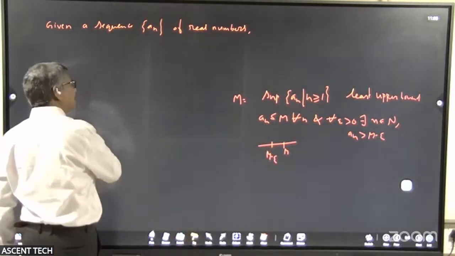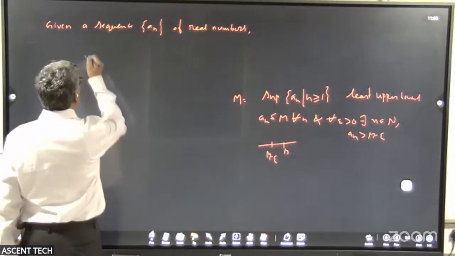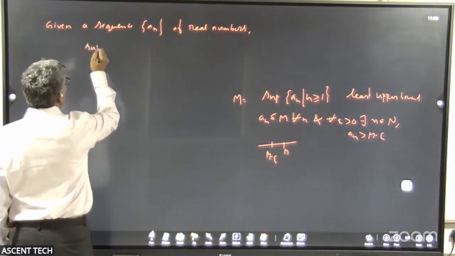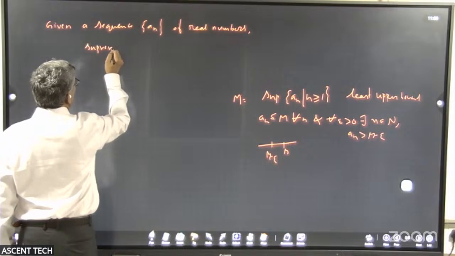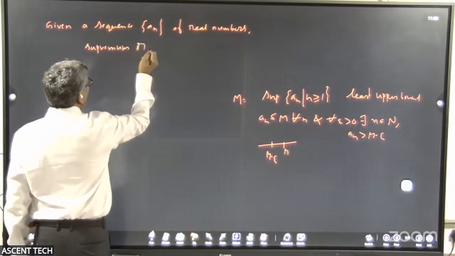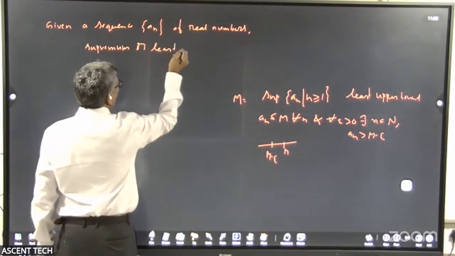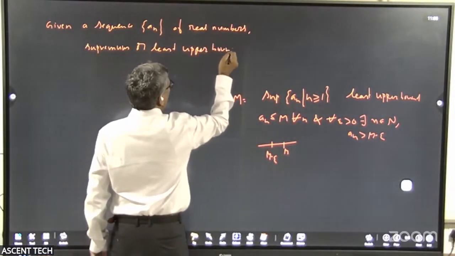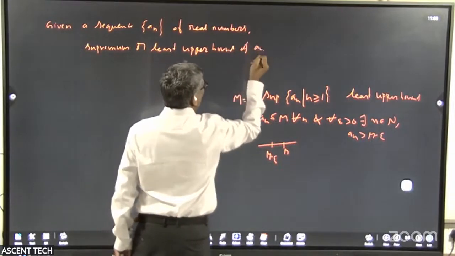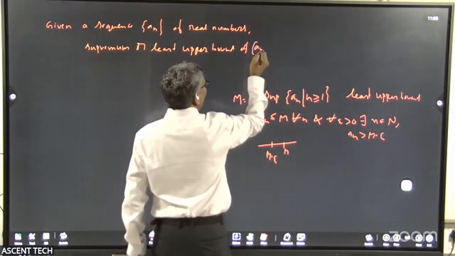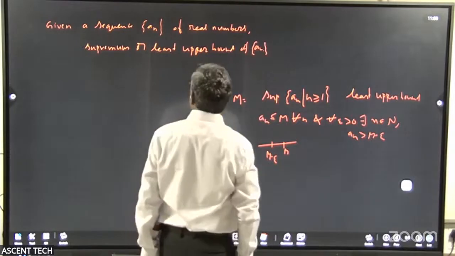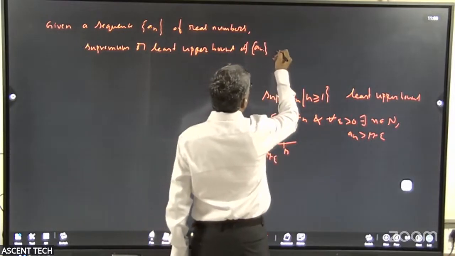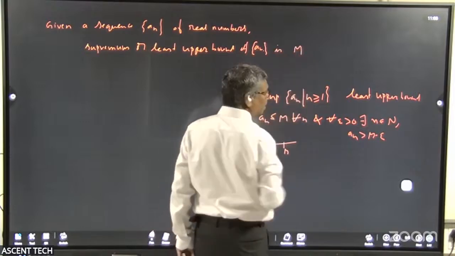Define the supremum, or least upper bound, of an. If you allow infinity, then the supremum or least upper bound of an is M.